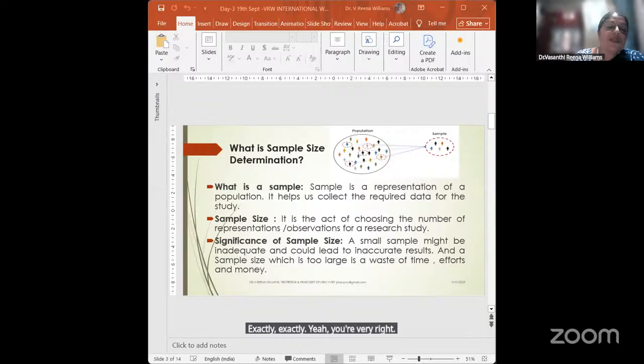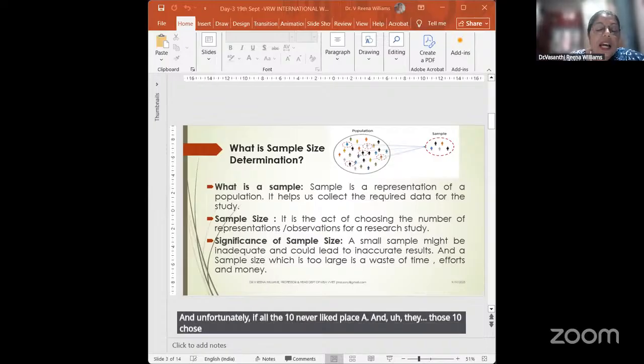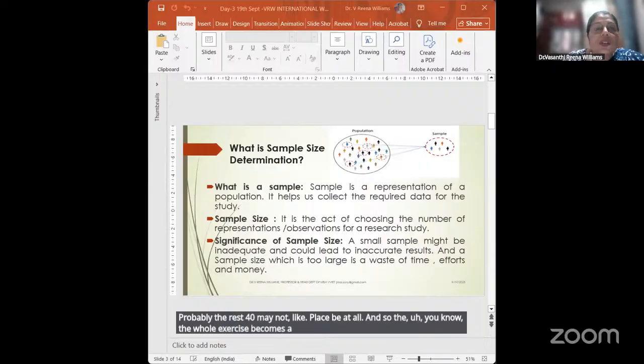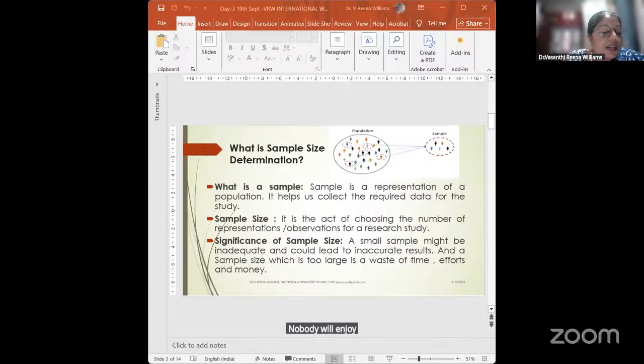If you ask very few, say I asked only 10, and unfortunately all the 10 never liked place A, and those 10 choose place B, and I say, okay, out of the 50 I've asked 10 students and that's sufficient, probably the rest 40 may not like place B at all, and so the whole exercise becomes a waste. Nobody will enjoy the trip, the efforts, the money, nothing.